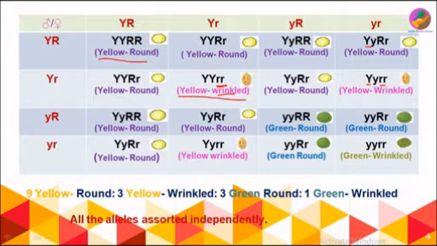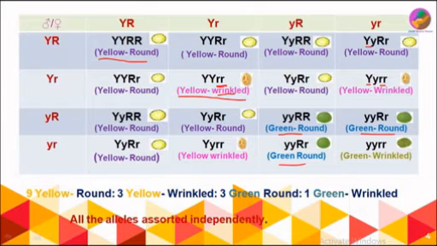In the third case, you can see green round seeds have been produced. When both small y and one or two capital R are present, they definitely produce green round seeds. So 1, 2 and 3, such 3 cases you can see where the green round combination has been formed.